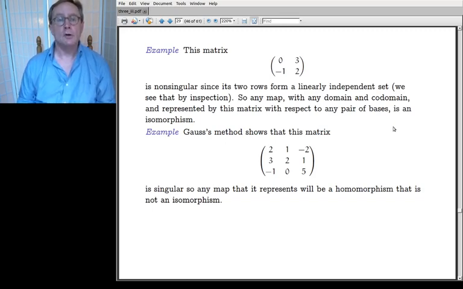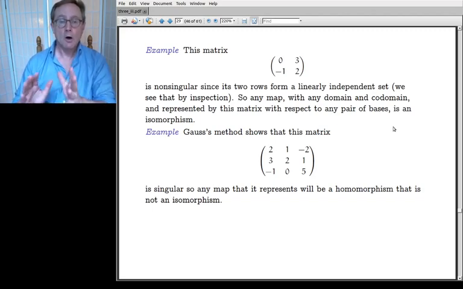And the answer is any domain, any codomain. Because that matrix is square, I'm talking about a three-dimensional domain and a three-dimensional codomain. I'm talking about any basis for any three-dimensional domain and any basis for any three-dimensional codomain. That will represent a map that's linear, a homomorphism, but not an isomorphism.